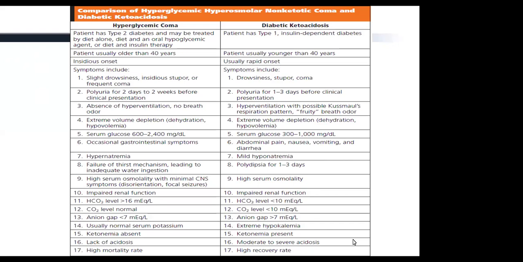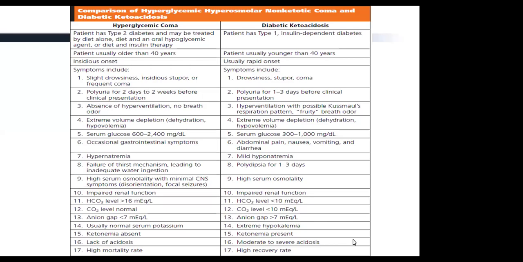HHS usually has an insidious onset and takes some time, while DKA is usually rapid. In HHS we also don't see the acidosis, while here we usually have severe acidosis because of the ketone bodies, the ketoacidosis. But in both there's a lot of dehydration.